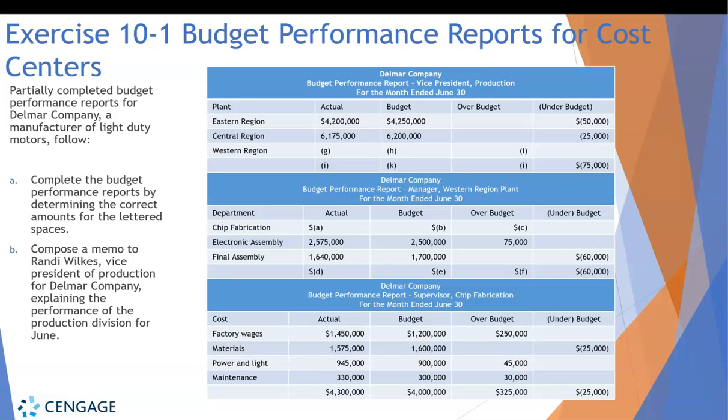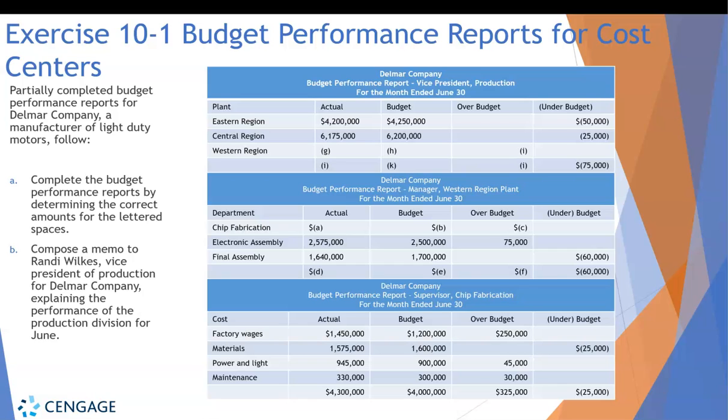Let's start with a few exercises here so we can get a feel of budget performance for costs, reports for cost centers. Partially completed budget performance reports for Delmar Company, a manufacturer of light-duty motors, are shown here.